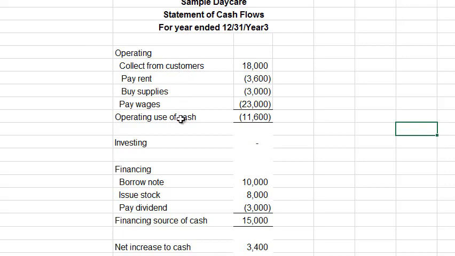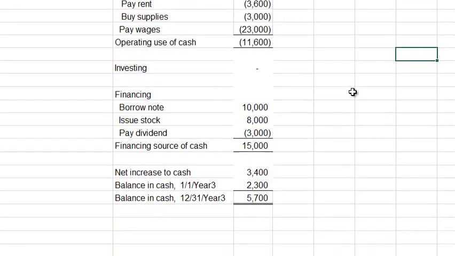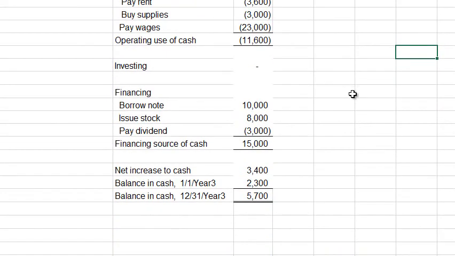If you start with net income and do the correct series of adjustments, you should of course end up with the same operating cash flow, in this case of a negative $11,600. For now, what I'd like you to know is what qualifies as operating, investing, and financing transactions, and basically understand the structure of the statement of cash flows.